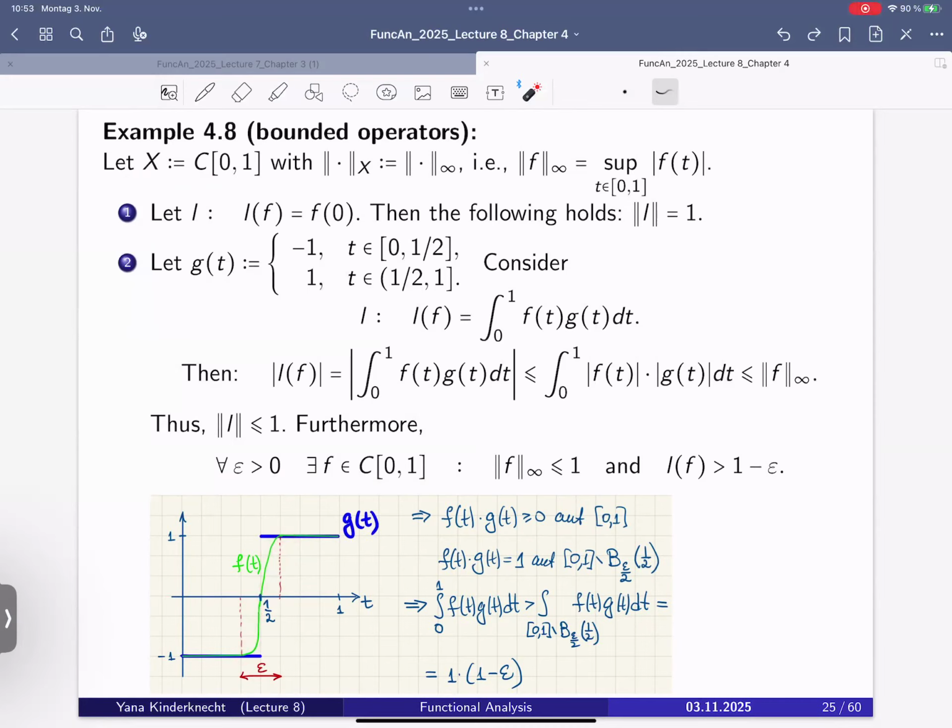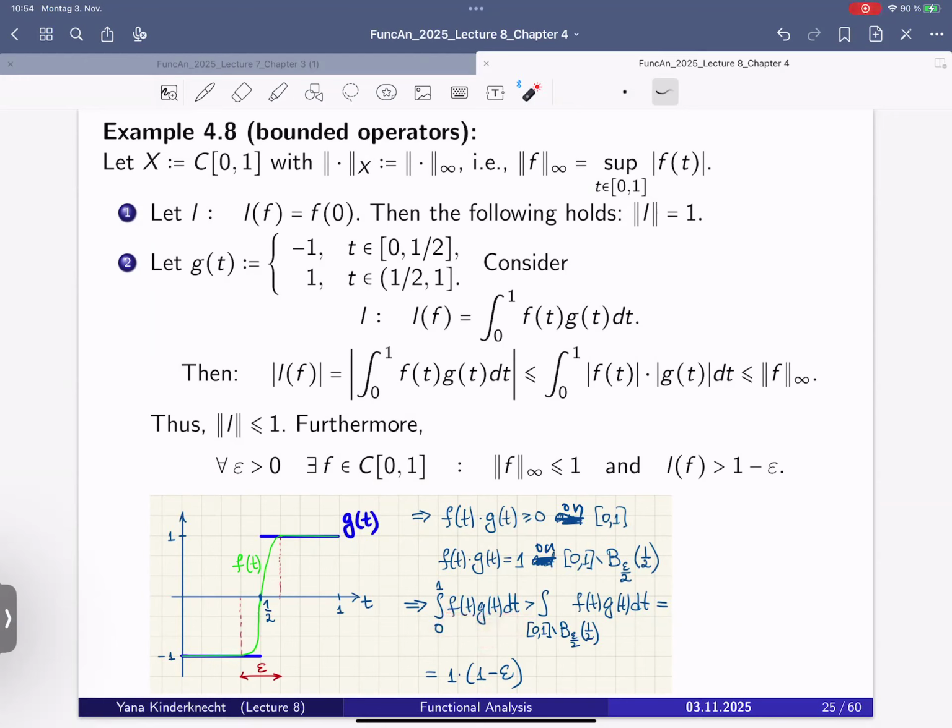Then we see that this product f and g is non-negative on the whole interval. Moreover, this product is just 1 outside this segment, so here. That's why if we consider L applied to this f, this is the integral from 0 to 1 of f times g dt, which is non-negative.